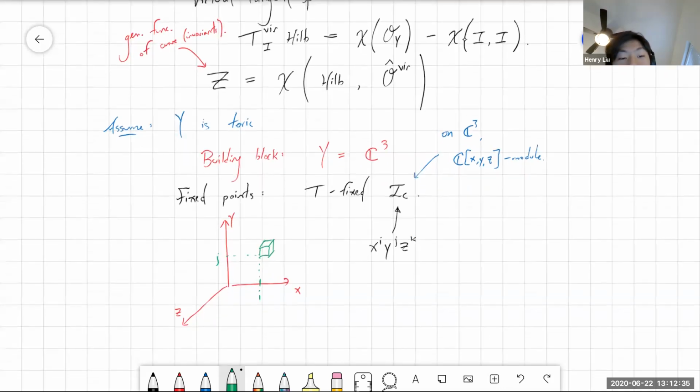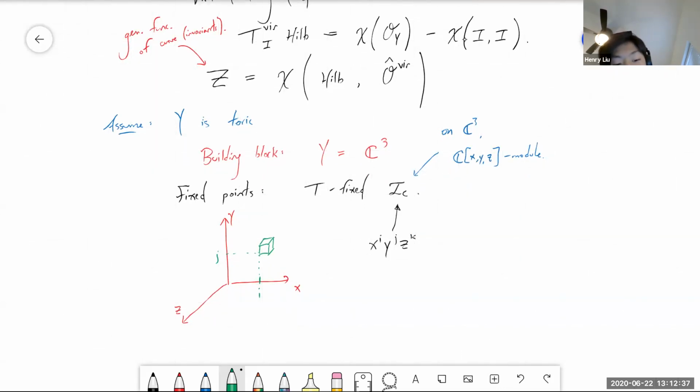And so how will these blocks be laid out? Well, the only criterion for which arrangements of boxes are valid and which are not is that this ideal sheaf has to form a module, right?